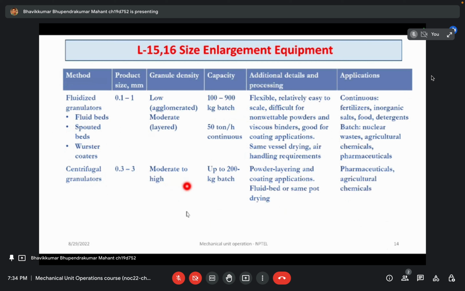It is a batch-wise process that will be used for powder layering as well as coating operations, and it is again used in pharmaceutical, agriculture, and chemicals. So this is a size enlargement operation.